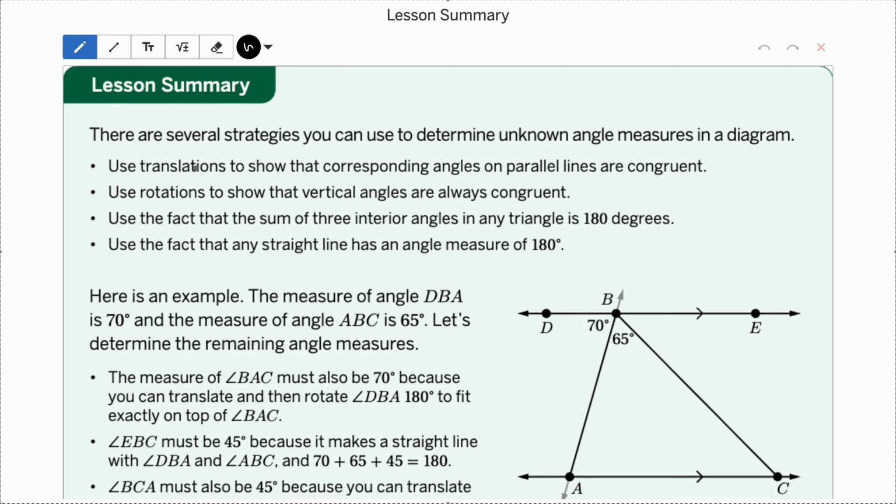Five plus 5 is 10. 3 plus 1 is 4. 4 plus 1 is 5. And then bring my 1 down. 150. I know that this angle is going to be 180 subtract 150.